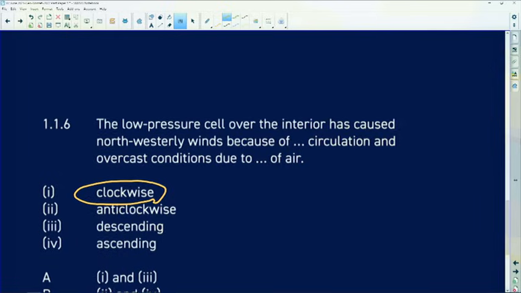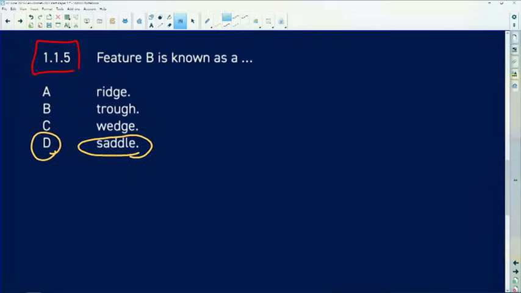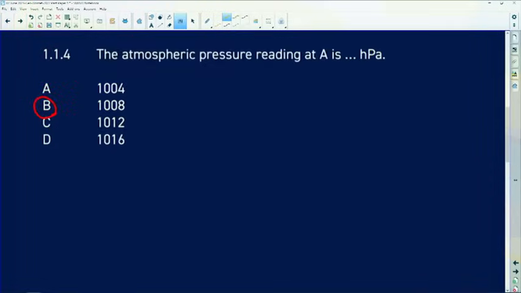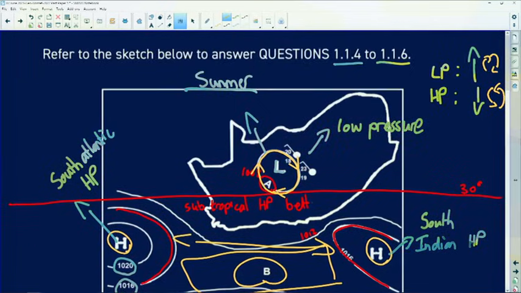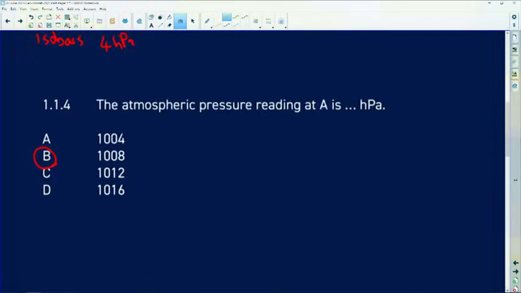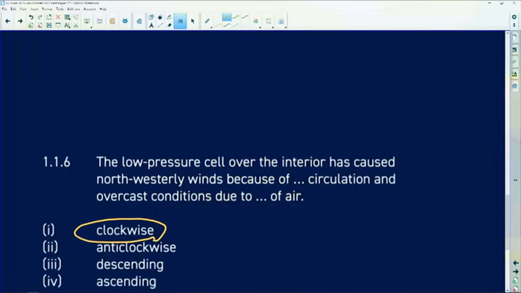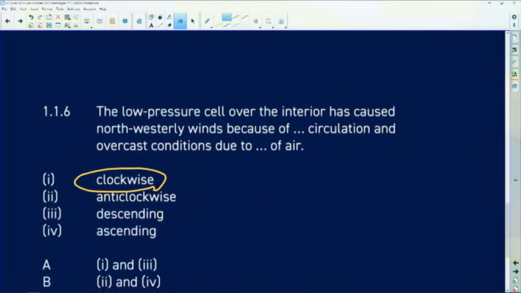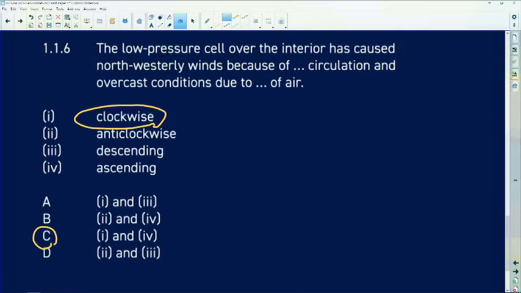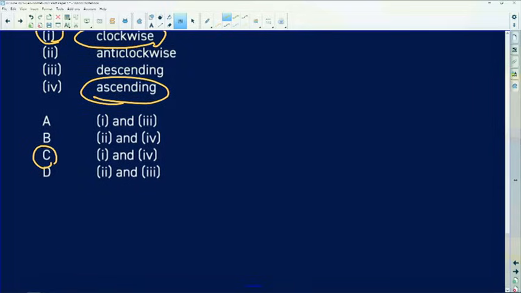Right, now if we quickly have a look at it, like I've mentioned over there, as you can see, in low pressure systems we have rising air and sinking air. So the correct answer for 1.1.6 will be C. The correct answer is clockwise and ascending air, as you can see. That's the correct answer for 1.1.6.